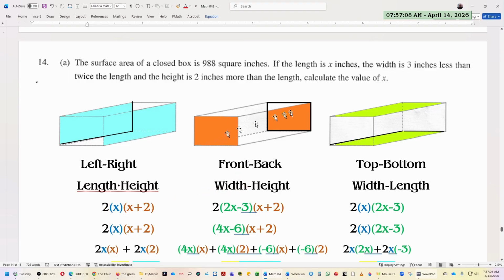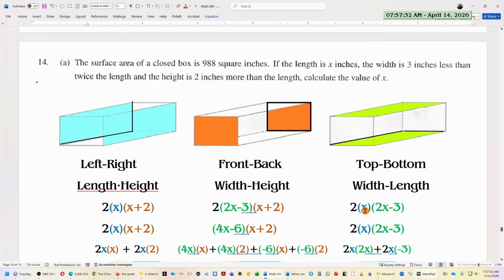If we look at the front and the back, then we need the width and the height. So the width is given as 3 inches less than twice the length. And if the length is x, you need 2x and then take away 3. And then, of course, we saw the height was x plus 2. And when we look at the top and the bottom, we need the width and the length.